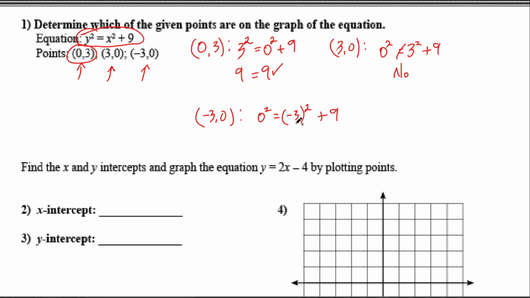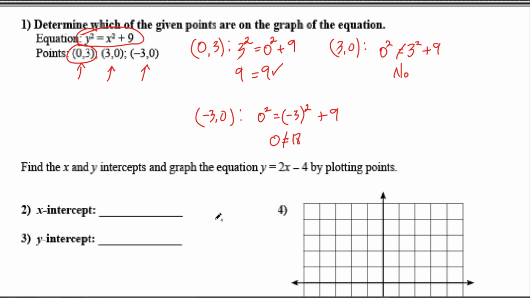Well, no, it would, because if this were negative 9, then it looks like it would lie on the graph, doesn't it? But it's not a negative 9. It's a positive 9. So this is 9 plus 9, which is 18. Is 0 equal to 18? Of course not. So does that lie on the graph? No, it doesn't. So what's your answer? Just (0, 3). And that's all you do, okay? But you have to do your work for all three of them to see if they work.